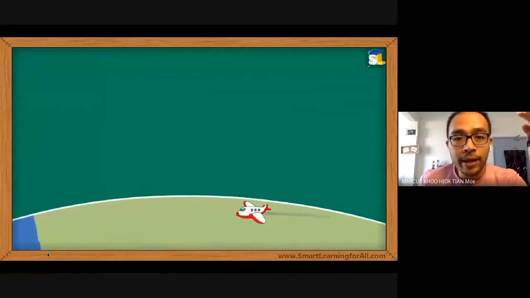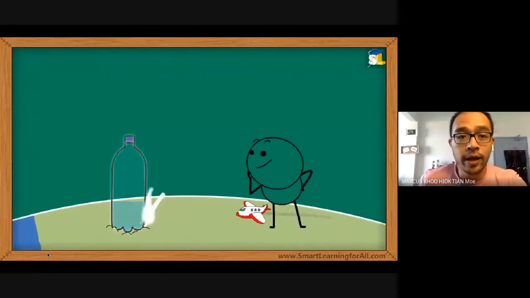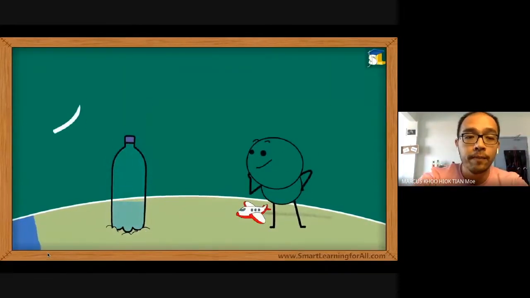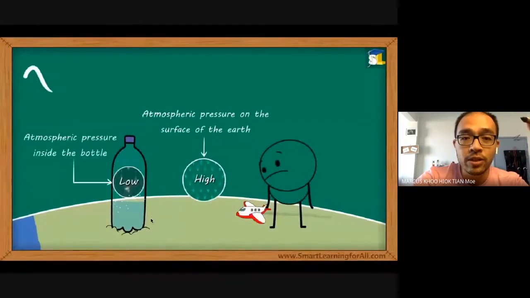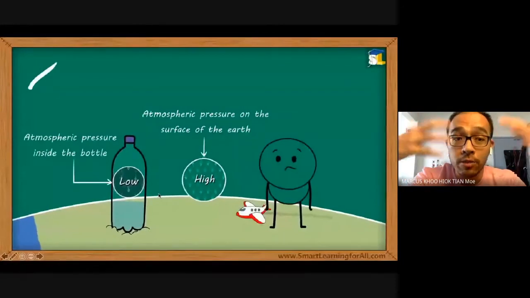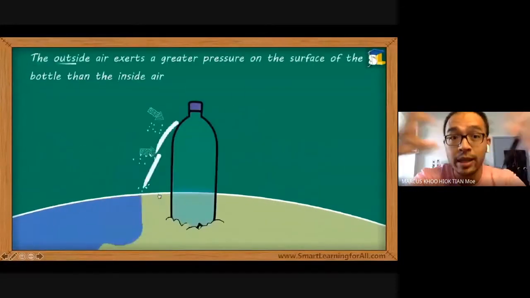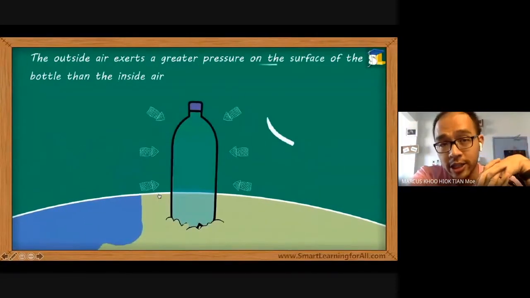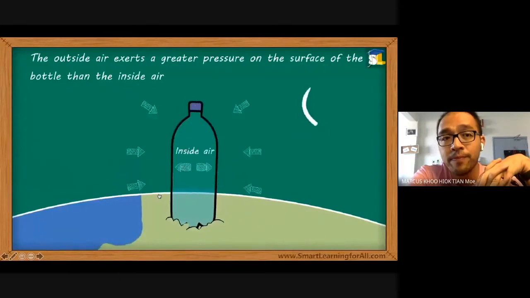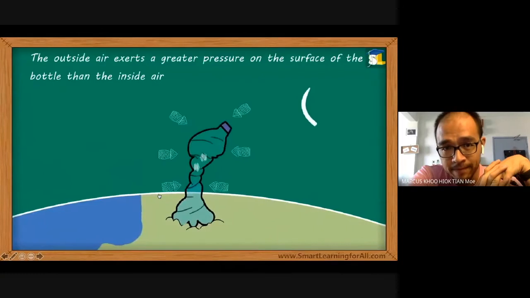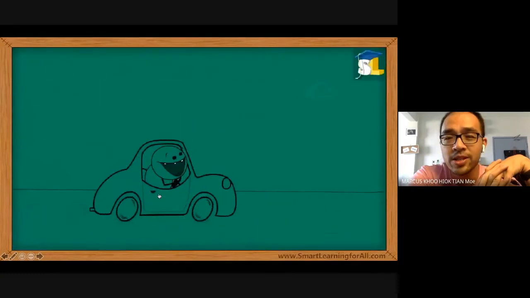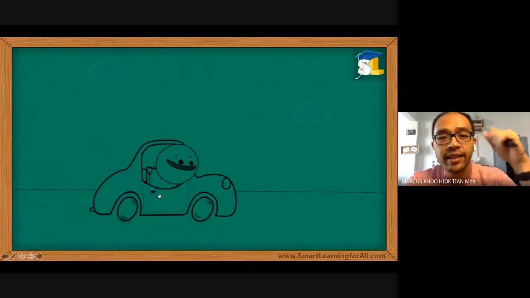But when your airplane lands and you come out, you find that the atmospheric pressure will be much bigger than the pressure inside the bottle. That's why the bottle will be crushed. So dramatic. Okay, third situation.